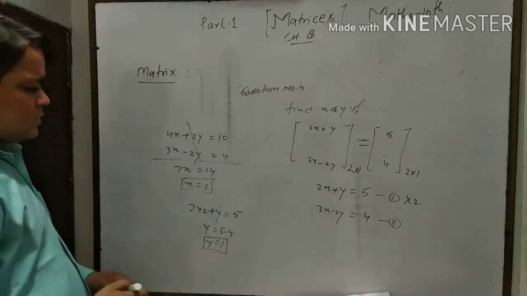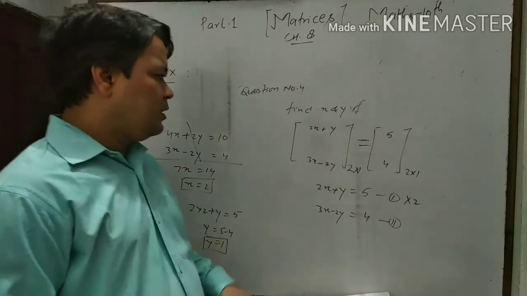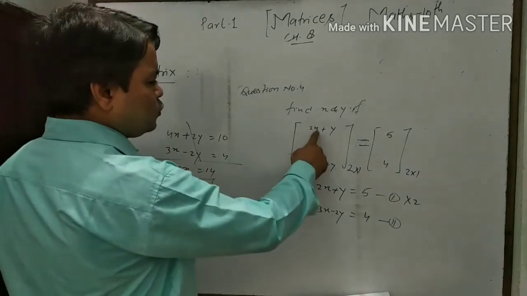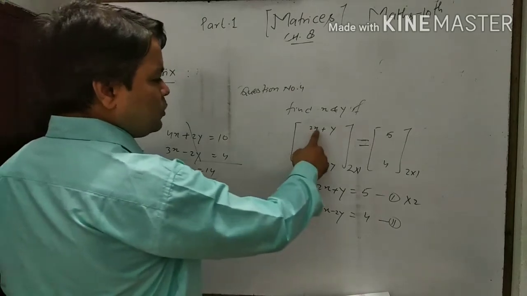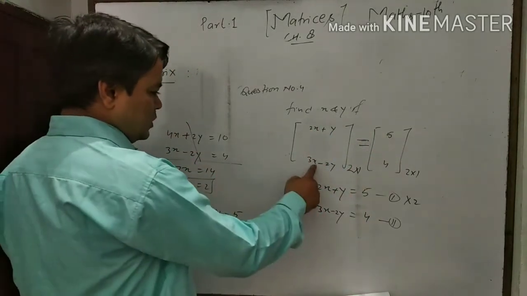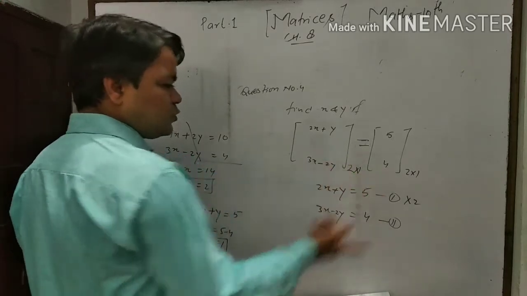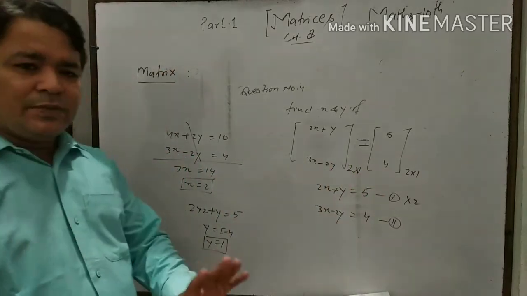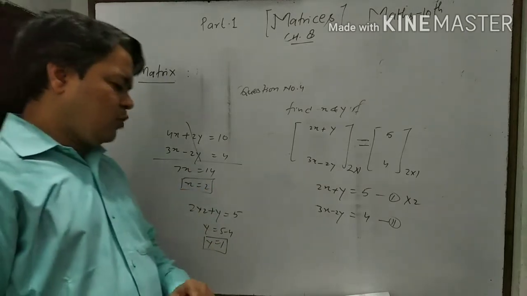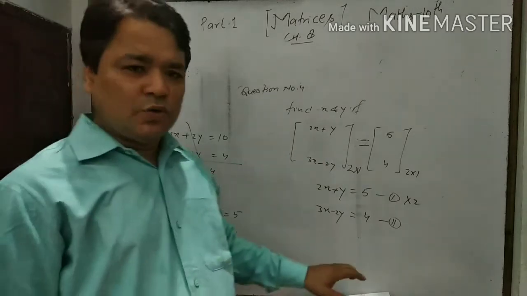With the help of this, we can find the value of x and y. Now let us check. Here x is equal to 2 and y is equal to 1. So 2 into 2 is 4 and 4 plus 1 is 5, so 5 and 5 are equal. And again here 3 into 2 is 6 minus 2, that is 4. This is also equal. In this way we can simply verify that x is equal to 2 and y is equal to 1 is the answer to this question.